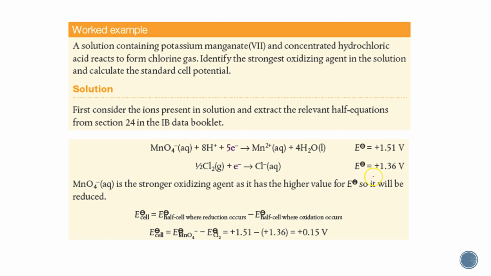It has the higher E0 value, which is our MnO4-, which means that it will be reduced. Chlorine will be oxidized, so therefore reduction will be the MnO4- 1.51 minus the 1.36 of our chlorine reaction, so the overall voltage will be 0.15 volts.